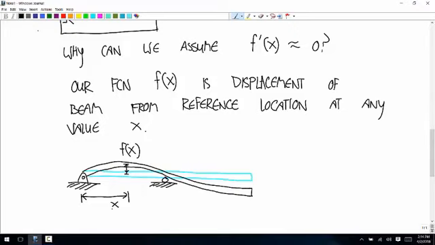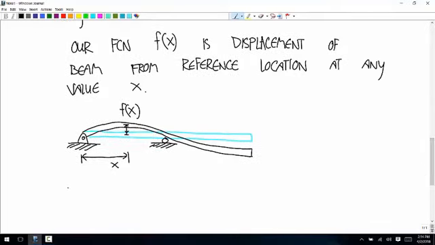And so if we're starting out with a beam that's horizontal, like we're always doing with these beam problems, what does that f prime of x represent? It just represents the slope of that beam in its deformed state. So f prime of x is the slope of the beam at location x.